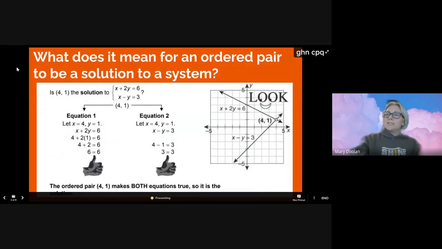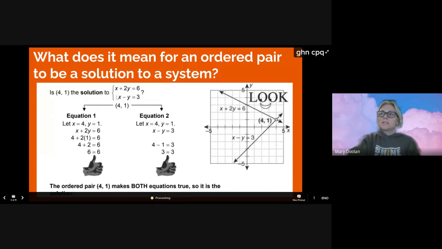Okay, so what does it mean for an ordered pair to be a solution to a system? So right here, is 4 comma 1, okay, this is an ordered pair, 4 comma 1, a solution to, and then we have this little figure here that shows that these two equations go together.